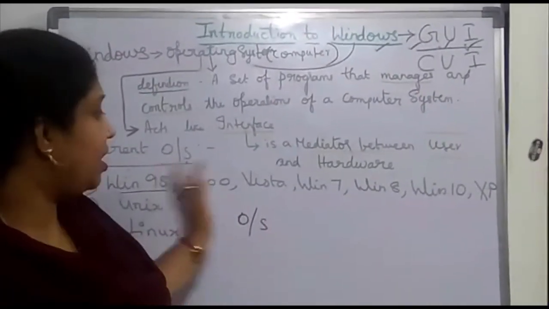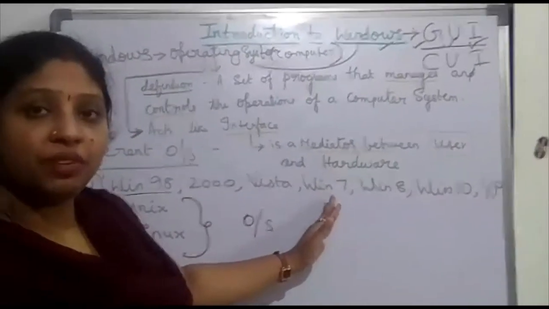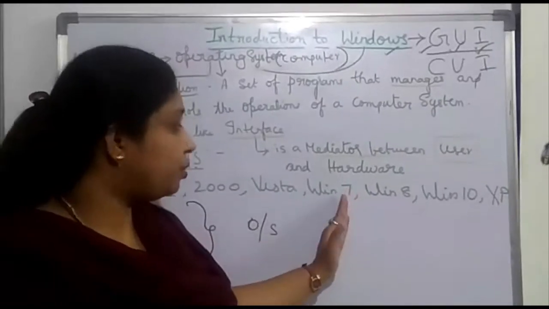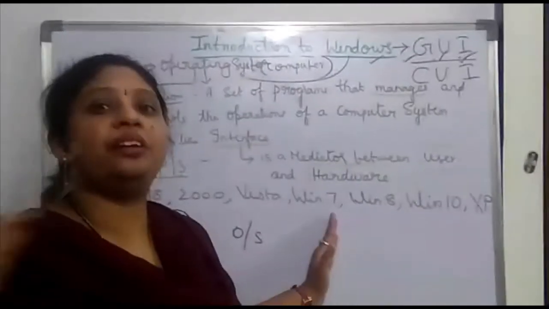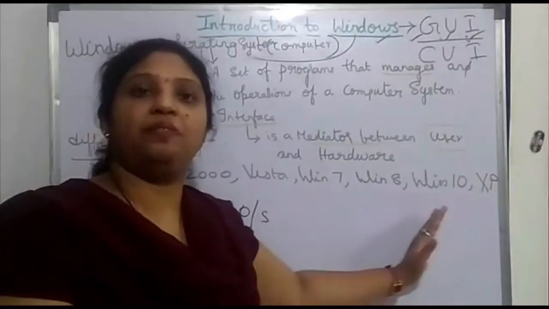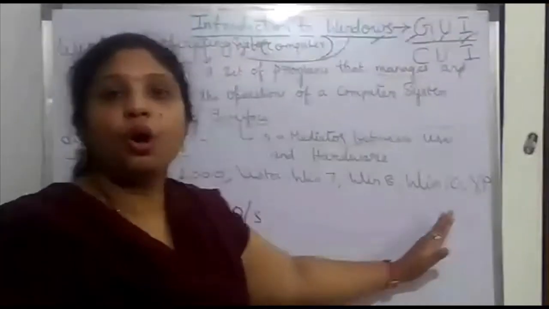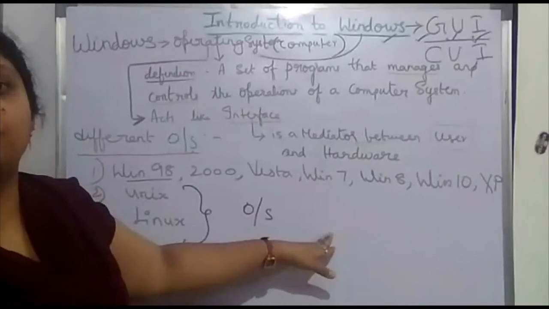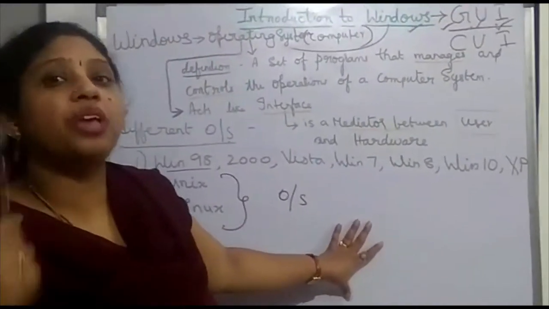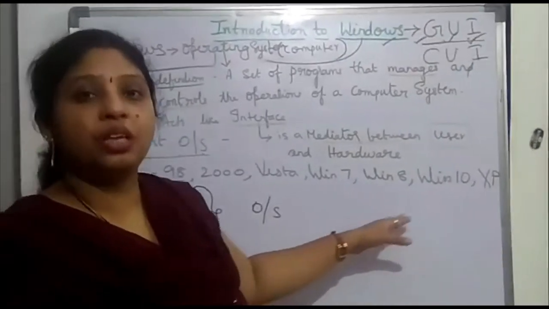In the same way, after giving more features to an old version, it becomes a new version. And if you add still more advanced features to this one, it becomes the next version. In the same way, it goes on. So all these are versions of Windows, and according to their usage or need, people will use their operating system.